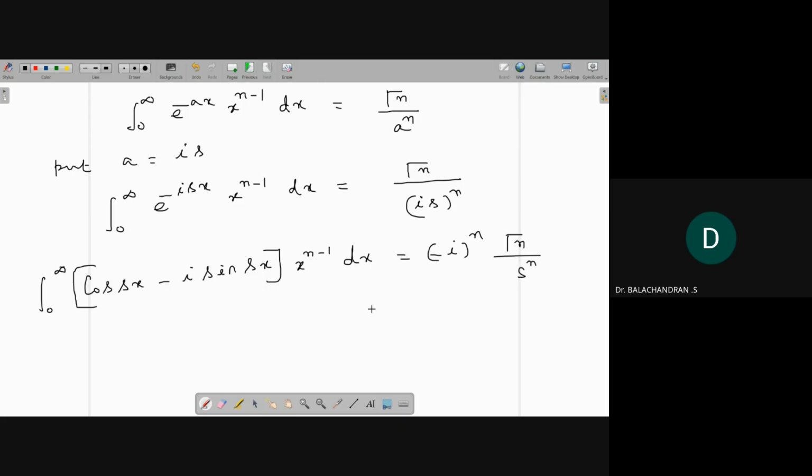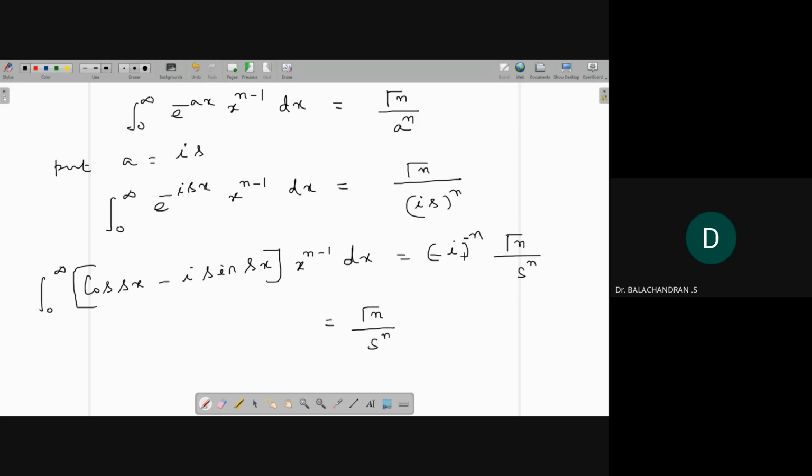Okay, so now you can write the right hand side is gamma of n by s power n, minus i to the power n. Because here the denominator will have i power n. 1 by i is minus i, and if I write in the numerator, this is minus i power n.